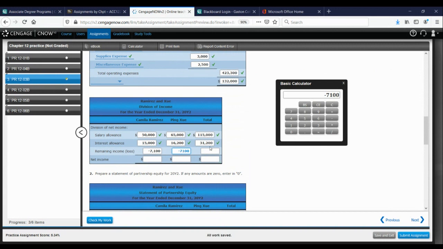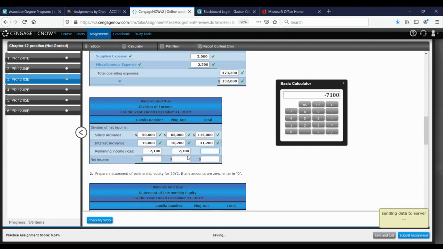So the total difference between the salary allowances and the interest allowances combined minus the net income amounted to $14,200 that was negative. We then divided that amount by 2 to get how we would share the remaining income or loss between the 2 partners.